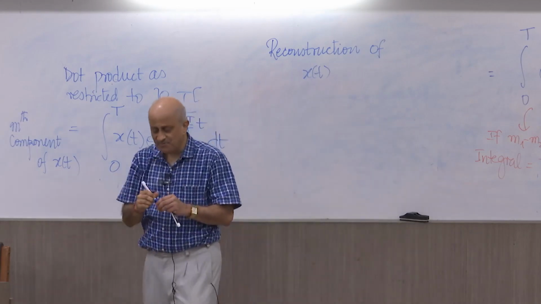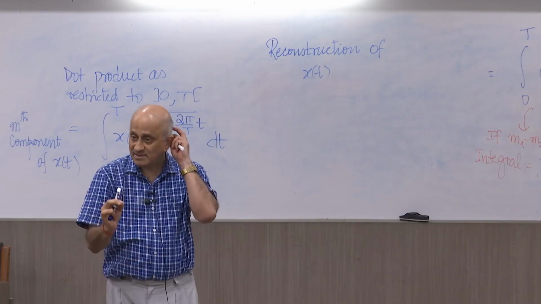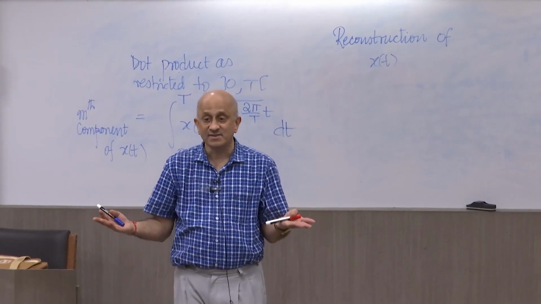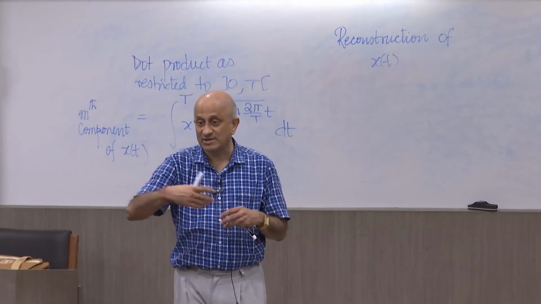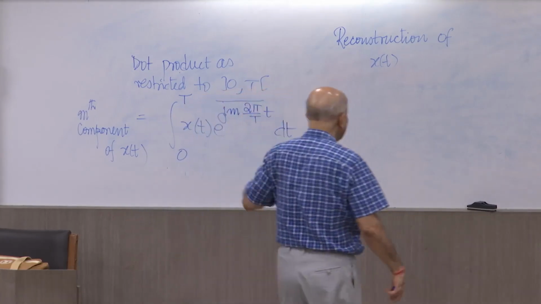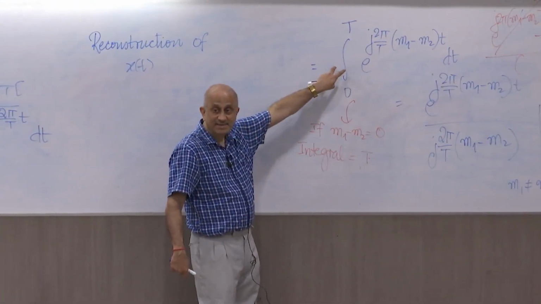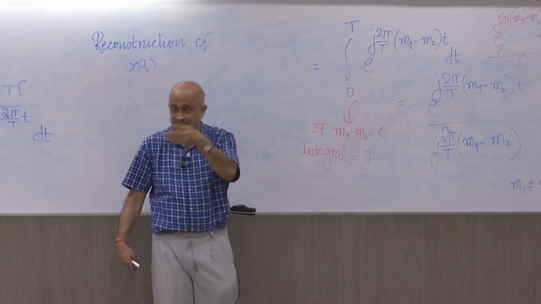Suppose you have a number of perpendicular components and I tell you the component of the vector in each of these directions. How will you reconstruct the vector? It's very easy. Multiply each component by the orthogonal unit vector in each direction and add these up, right? So how would you do it here? Now remember, when m1 is equal to m2, it's the dot product of the vector with itself.